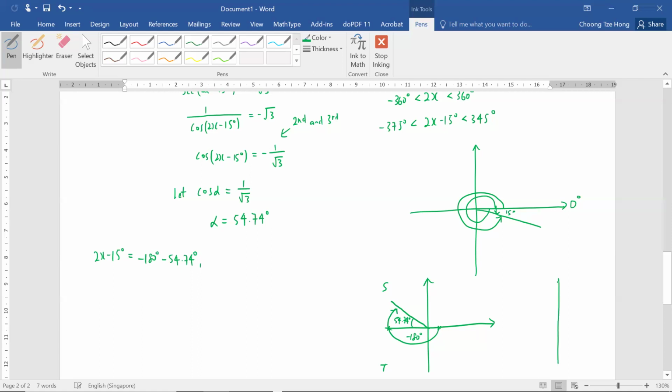This is the negative angle inside the second quadrant. How about the third quadrant? The basic angle is here, 54.74 degrees, and the angle we want is over here. So this is negative 180, then you add back another 54.74, because it's not so negative. It's negative 180 plus 54.74.